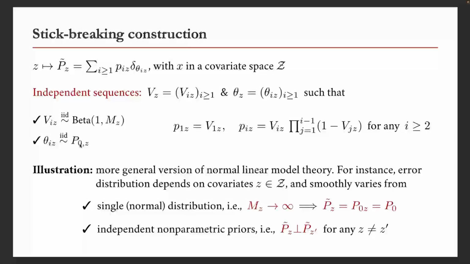As an illustration, Steve discusses the idea of proposing a more general version of the normal linear model, where you allow the error distribution to depend on some probability, and you can recover, as the total concentration parameters diverge, a single normal distribution, for instance, with a prior on scale and location. Otherwise, you have independent non-parametric priors corresponding to different covariate values.